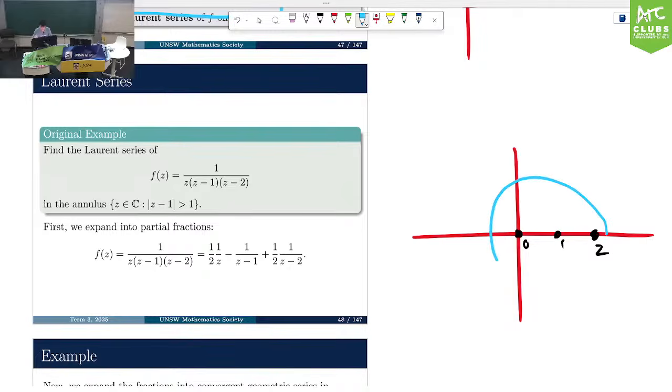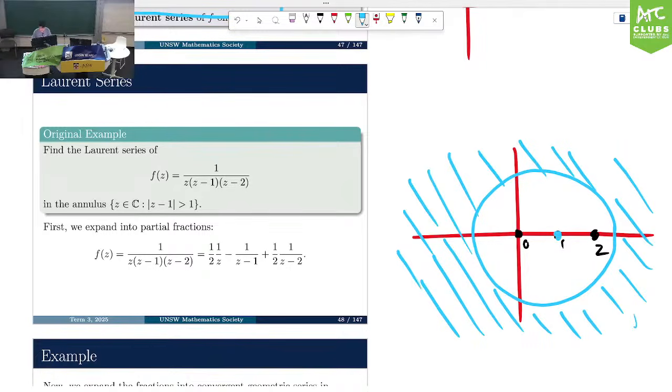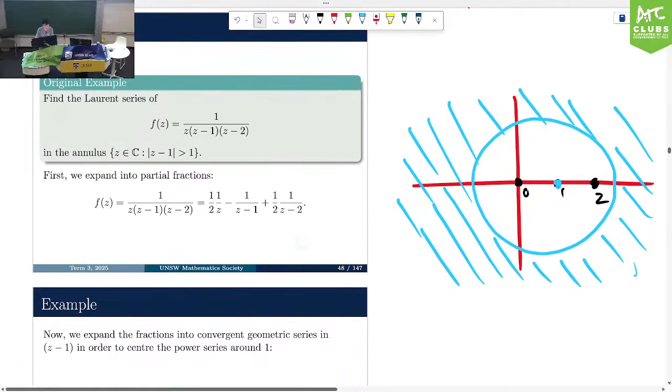Let's just say it's like here. It's centered at 1. And luckily it exists because we know that the function is analytic everywhere outside, where the modulus of z minus 1 is greater than 1. To find a Laurent series, often we can break it down into partial fractions, like this.